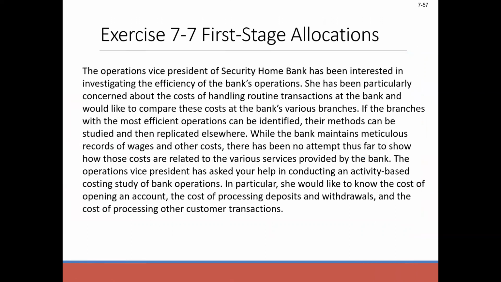So if we look here at exercise 7.7, the operations vice president of Security Home Bank has been interested in investigating the efficiency of the bank's operations. She's been particularly concerned about the cost of handling routine transactions at the bank and wants to compare these costs at the bank's various branches. If the branches with the most efficient operations can be identified, then their methods can be looked at and replicated elsewhere.